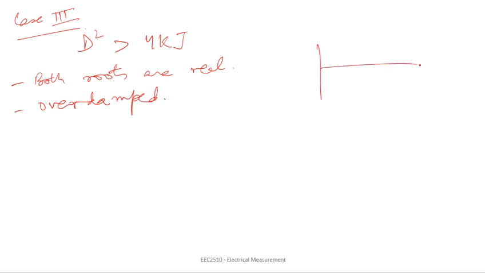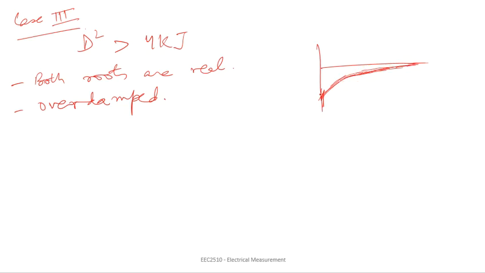Overdamped means that whatever the final value, the response will reach there in a sluggish way, that is, it takes a lot of time to reach there. Although there are no oscillations, it will reach its final position very slowly. That is the meaning of overdamped.